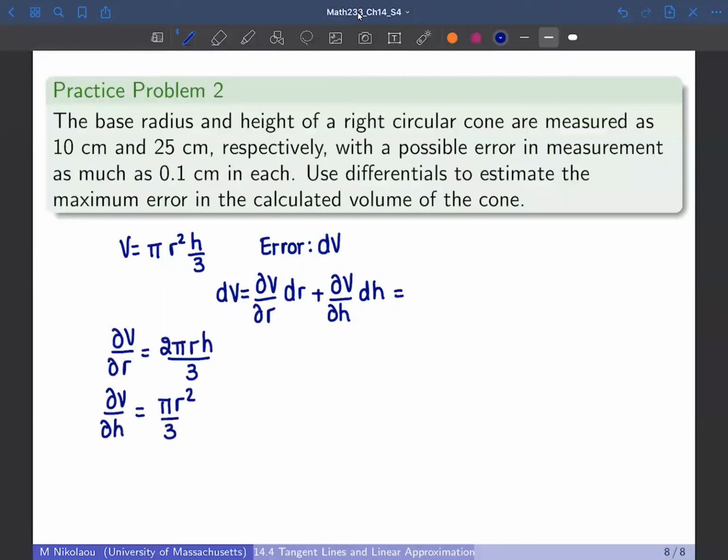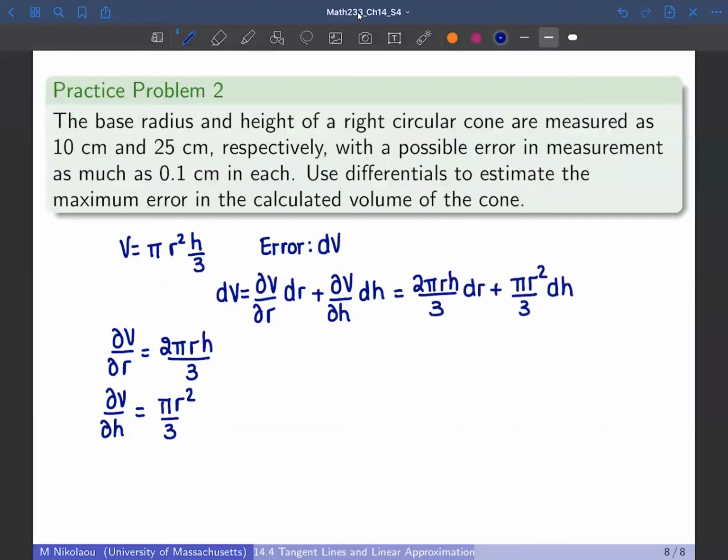So substituting those in the differential dV, we'll get 2 pi r h over 3 times dr, plus pi r squared over 3 times dh.